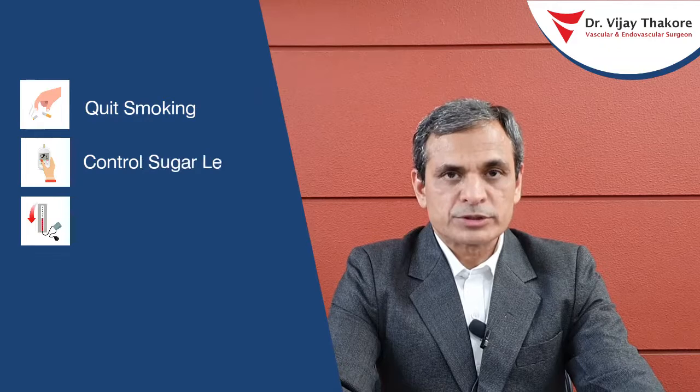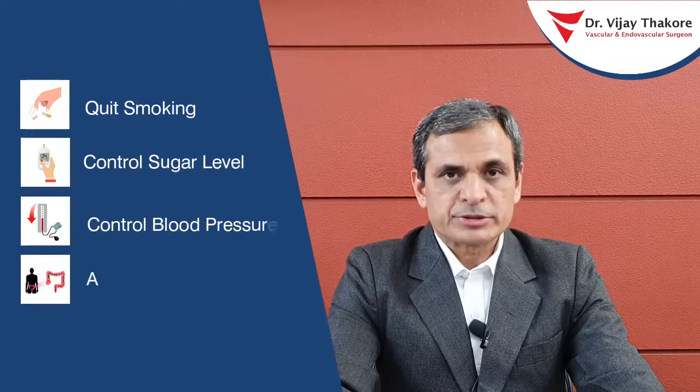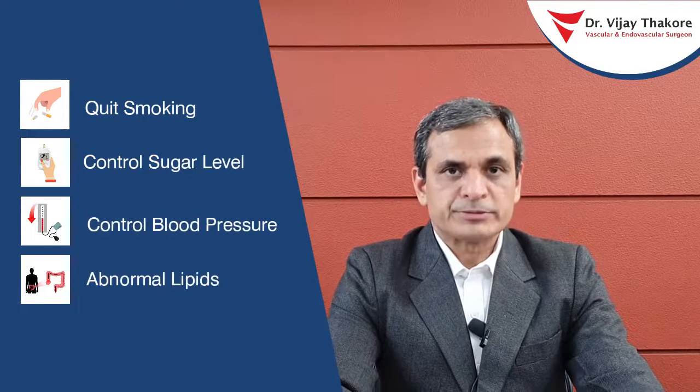How do we treat peripheral vascular disease? The objective of treatment is to improve blood supply to the leg and thereby to offer symptomatic relief to the person. First and foremost is to control risk factors like smoking, and to maintain good control of sugars, blood pressure, and abnormal lipids.